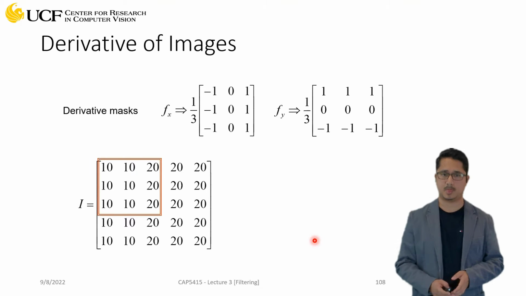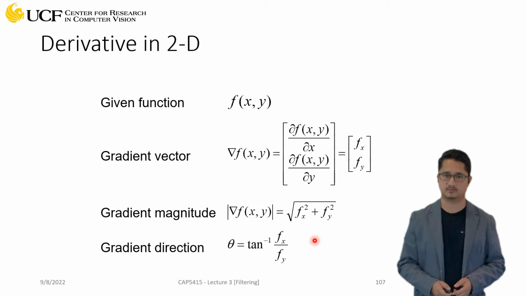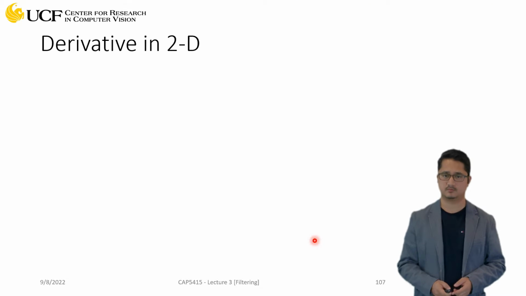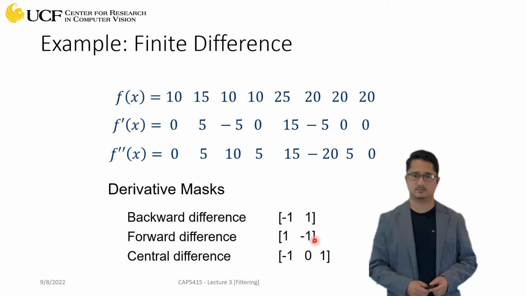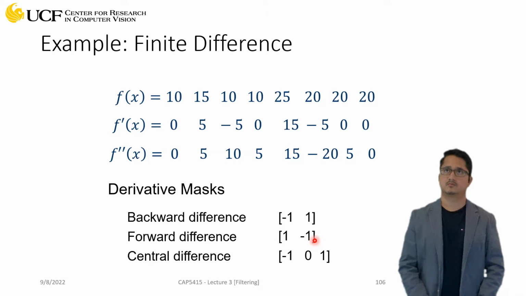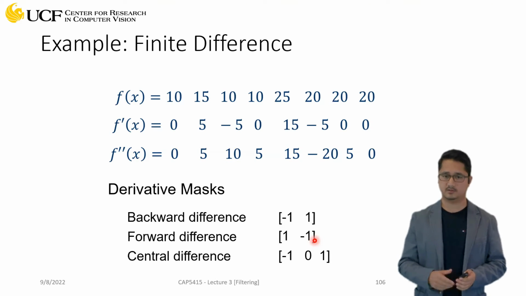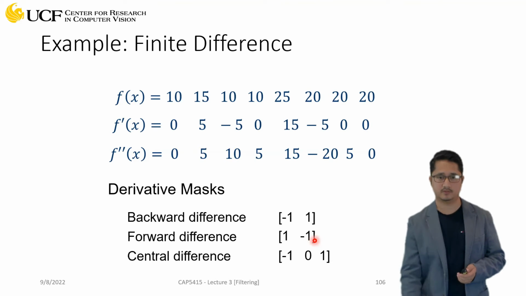I just wonder why the central derivative still has the same effect as the backward and the forward. No, central difference won't have the same effect. It's just one way to compute a derivative.